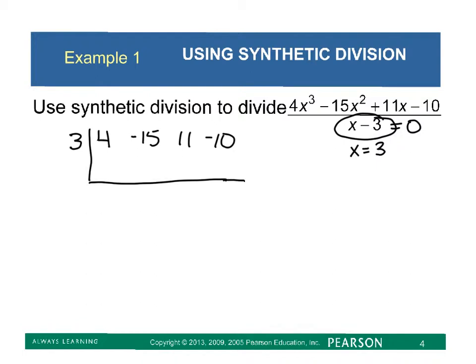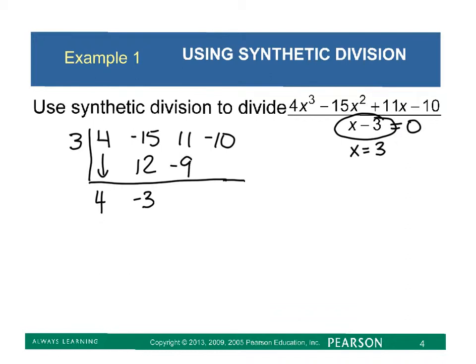And now, first thing after putting it all together is you bring down the first number, and then you take that number and multiply it by 3, so 3 times 4, and it goes here. That's 12. Now add together these two and drop it down and put it in this spot here. So adding together, we get negative 3. Now again, do multiplication. 3 times negative 3, place it right here.